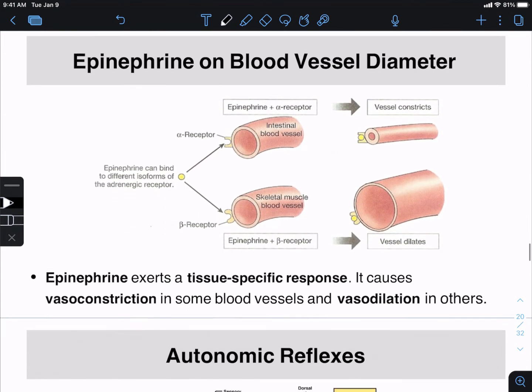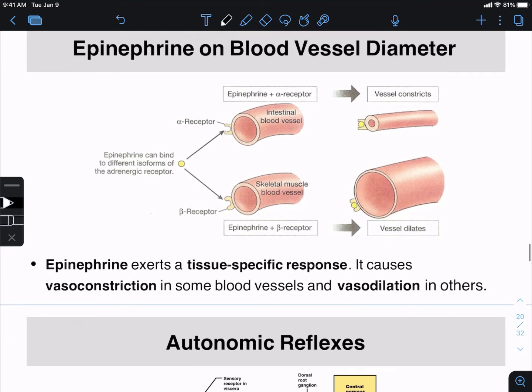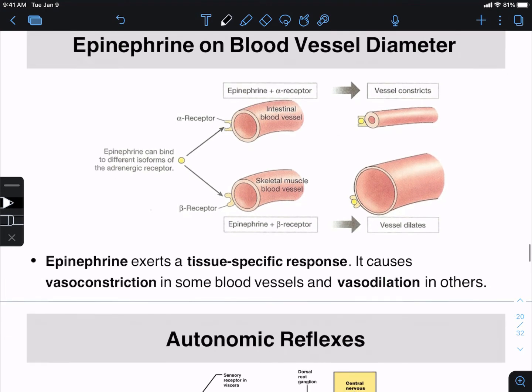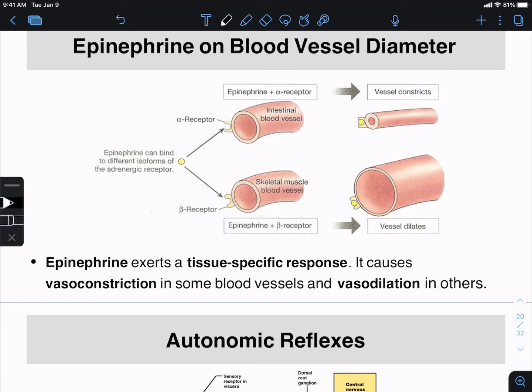Now, epinephrine is going to cause a tissue-specific response. This would occur in the skeletal muscles. And if you refer back up to the chart, remember that we talked about the difference between beta and alpha receptors?